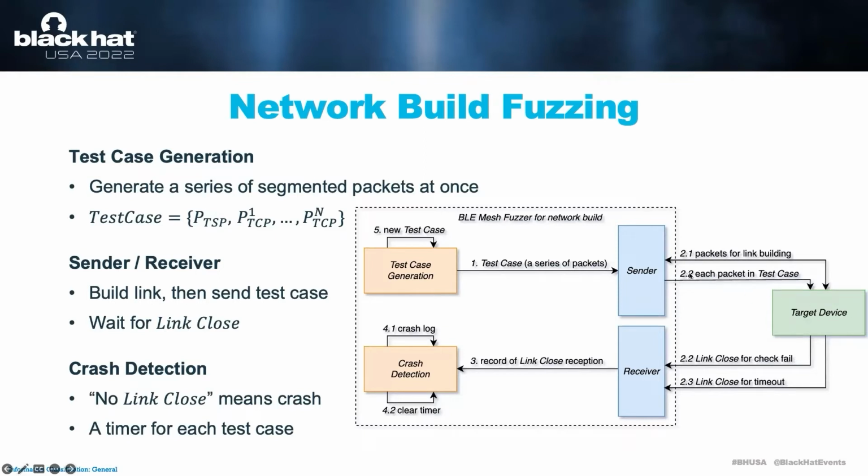And when it's the fuzzer's turn to send messages, our sender will send each packet of the test case to the target device. Meanwhile, we monitor the response from the target device to detect crashes. If the fuzzer does not receive the link close from the target device, which is expected after a time interval, we will consider it a crash.